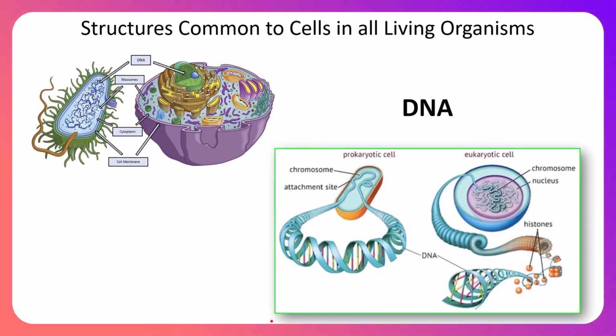If we now focus on the functions of these four cellular structures, DNA, like we said, is universal. It's contained within all cells, but in the case of prokaryotic cells, remember, the chromosome is not enclosed within a nucleus. It is out in the cytoplasm, and so it is not protected.